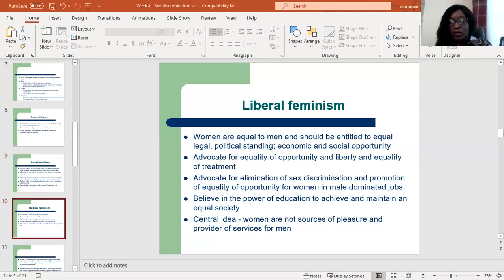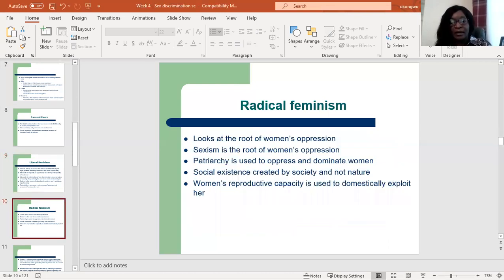And then we look at radical feminism. This looks at the root of women's oppression to find strategies for ending it. They believe that sexism is the root of women's oppression, and this brings about other forms of oppression that exist, such as racism, class hatred, and economic exploitation.